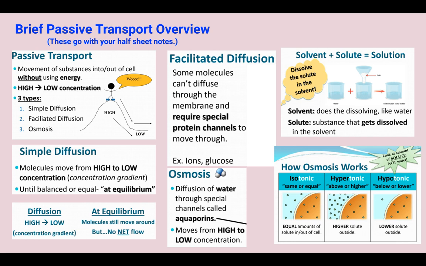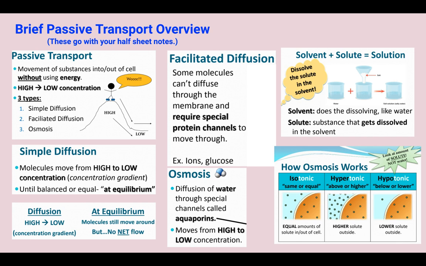But what's special about passive transport is there is absolutely no energy involved. This is the natural movement of particles, this is how they want to move. So we are going from a high concentration down to a low concentration. That's why I like to think about it like a hill, kind of like gravity. There's no energy needed to roll a ball down the hill, all right? It's just going to go with gravity. So that's the same way these molecules want to move from high concentration down towards a lower concentration.